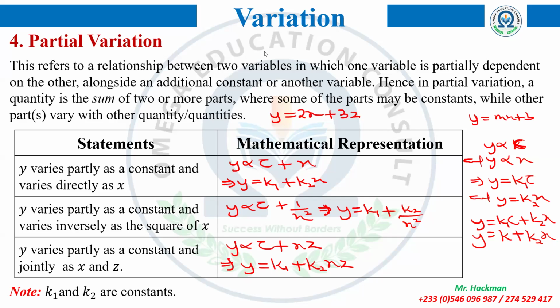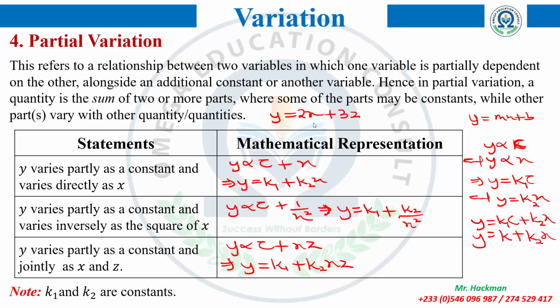Okay, Prof. Amma. Sir, please, why did you say the statement to be y varies partly as x and as z, and not varies directly as z?